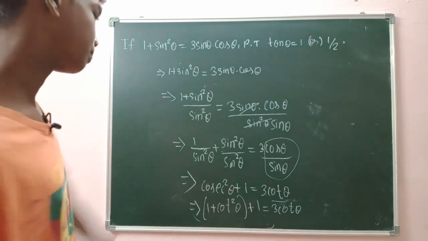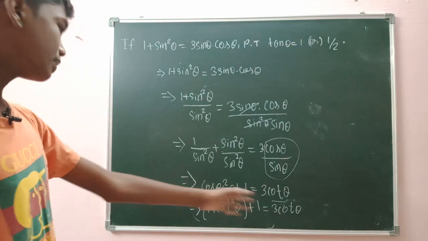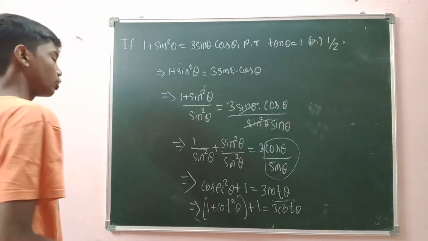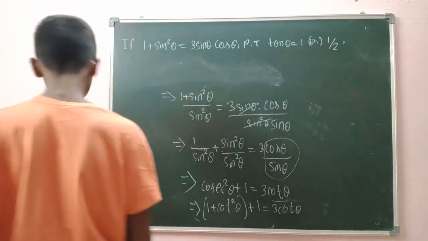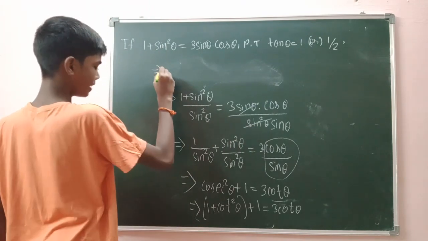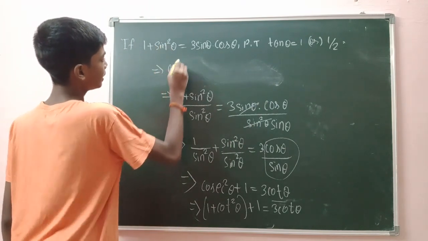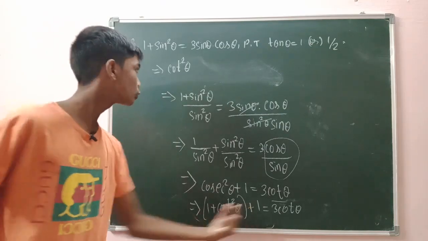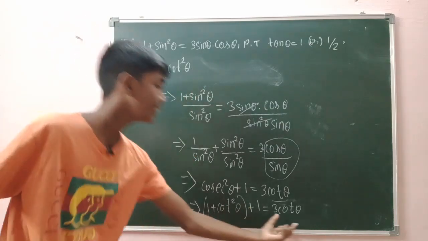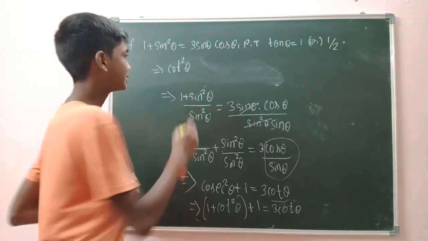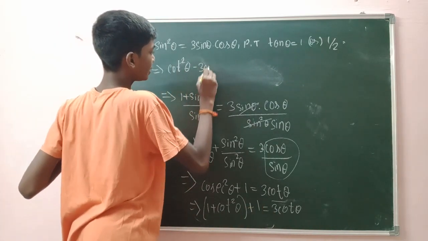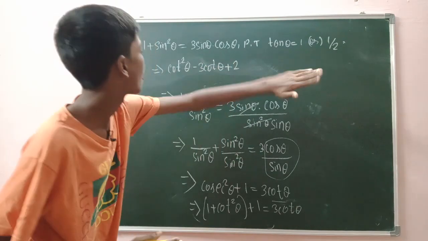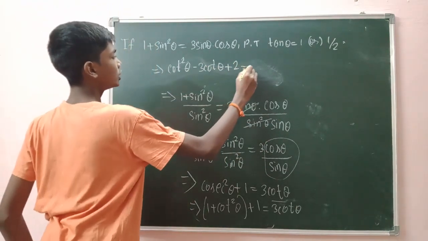So just take the 3 cot theta to the LHS. Therefore, I'll get cot square theta, because 1 plus 1 will be 2. Then I take this 3 cot theta to the LHS. Therefore, I'll get cot square theta minus 3 cot theta plus 2, because 1 plus 1 is 2, which is equal to 0.